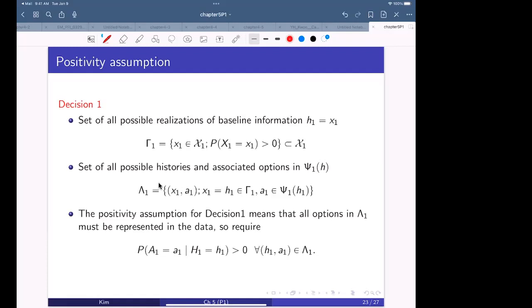So gamma 1 is defined to be all possible realizations of the baseline information, with the support. This is only assuming positivity, not strict positivity, right? It does not require it to be bounded away from zero. It's just not zero.